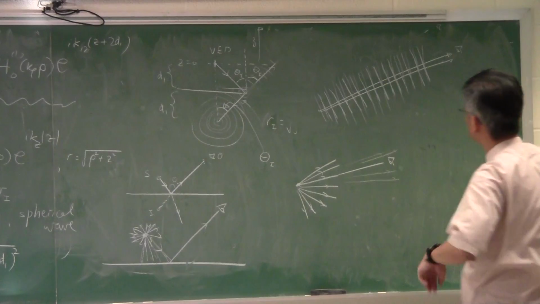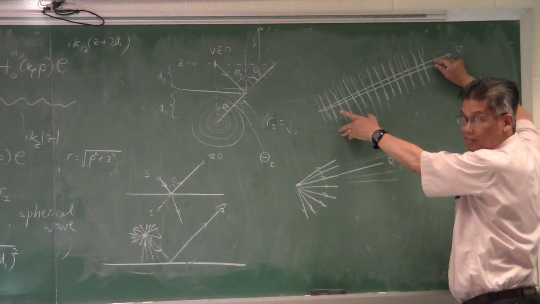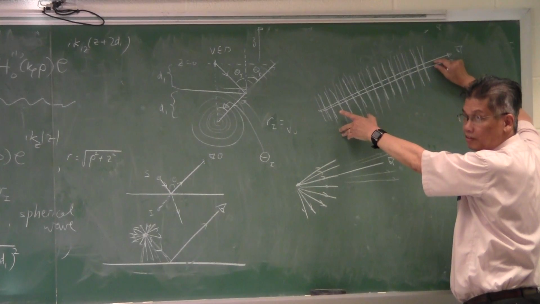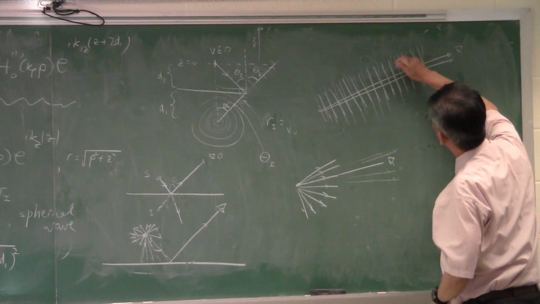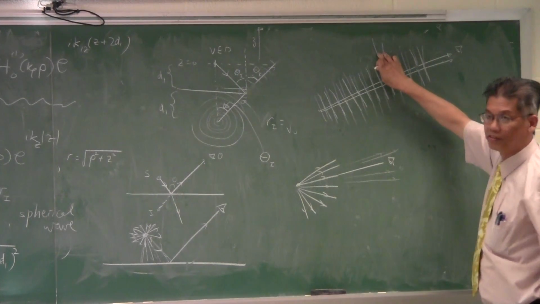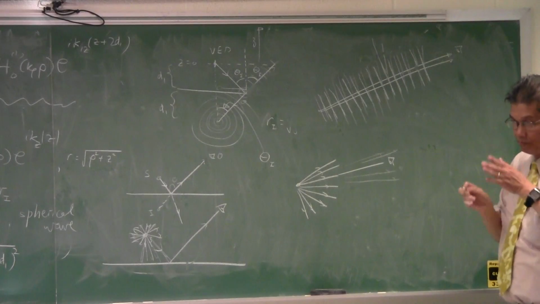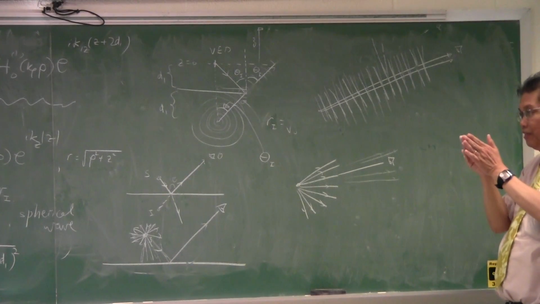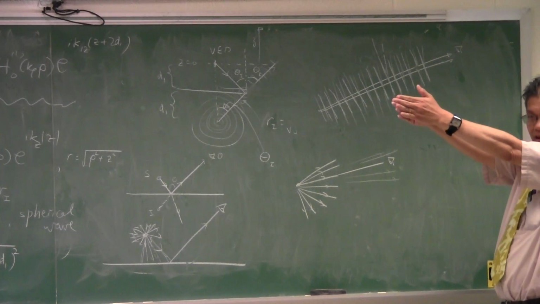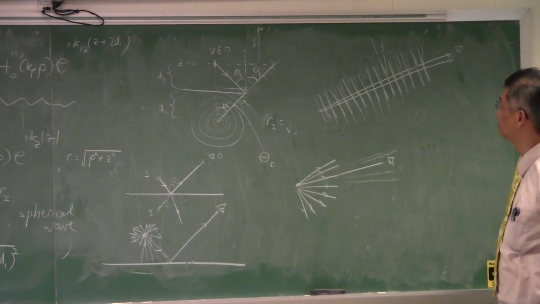I don't know if you can see from this picture, it is only when these two rays are close to each other that they constructively interfere. But look at here, if they're far away, their phases start to diverge. These are constant phase fronts. So these two plane waves constructively interfere only in the direction close to the k vector. Away from the k vector, they destructively interfere.